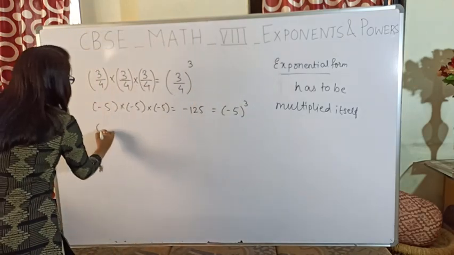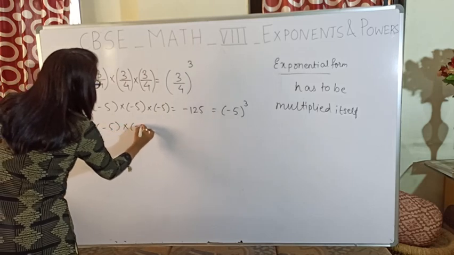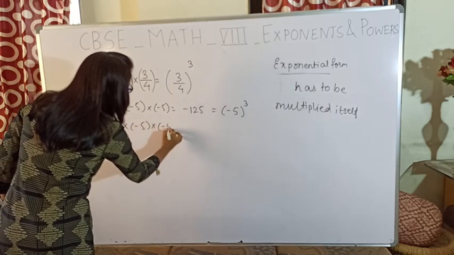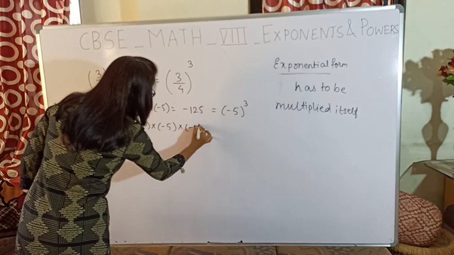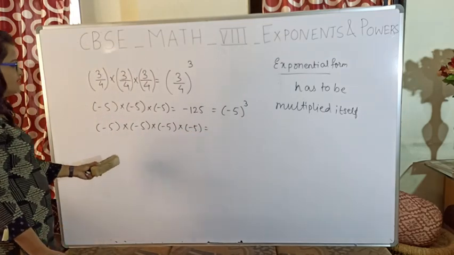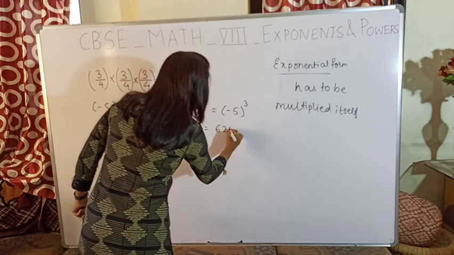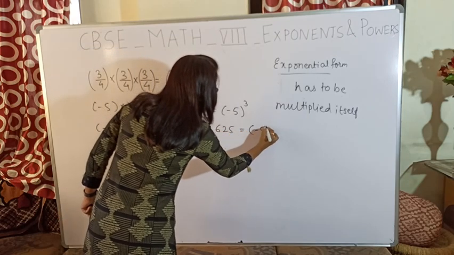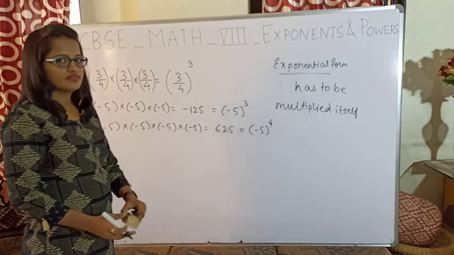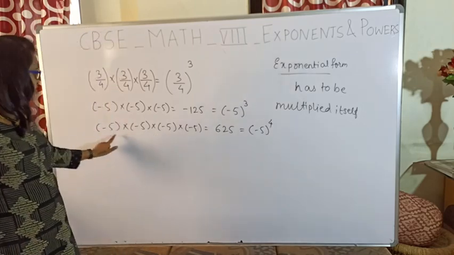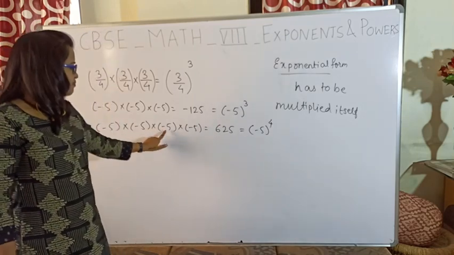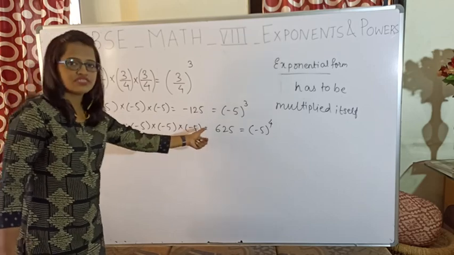What if I multiply -5 by itself 4 times instead of 3? Suppose I am taking it as 4 times. So what will be the multiplication? 5 fives are 25, 125, 625. Now this 625, whether it will be plus or minus, it will be plus. Why? Because minus into minus is plus, minus into minus is plus, and plus into plus is plus.